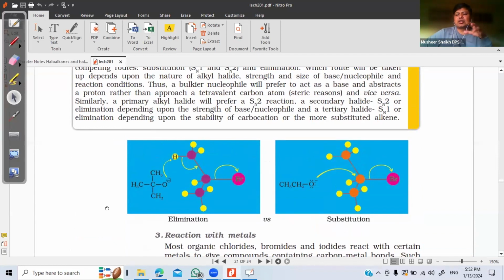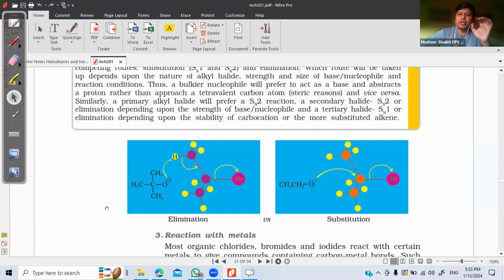the basics of alkyl halides, and from what we have done in this class, you can expect around 3 to 5 marks of questions. Around 3 to 5 marks weightage can easily come from this portion.